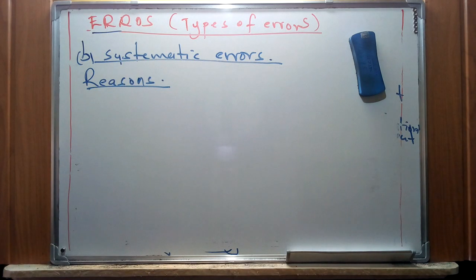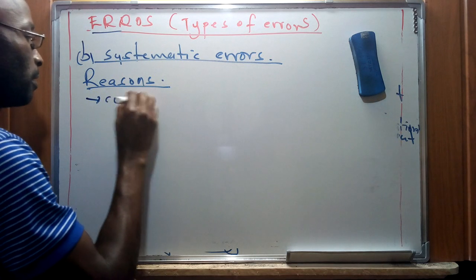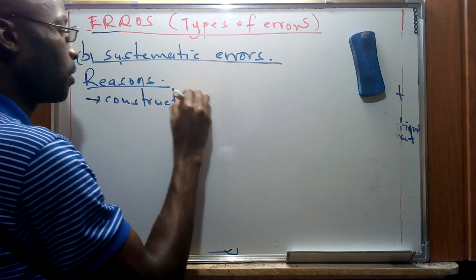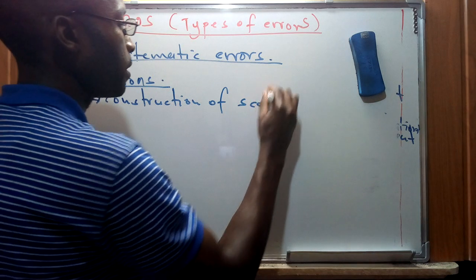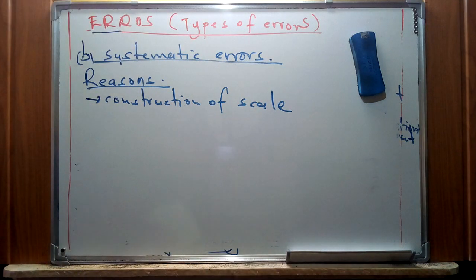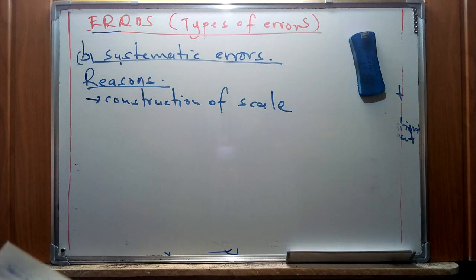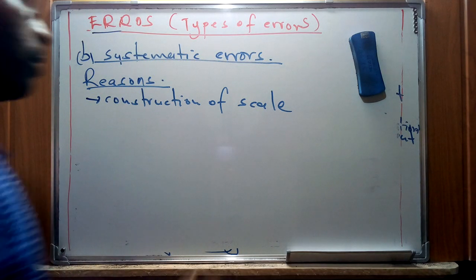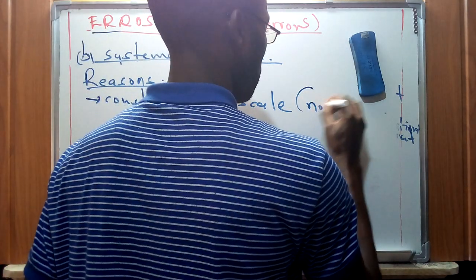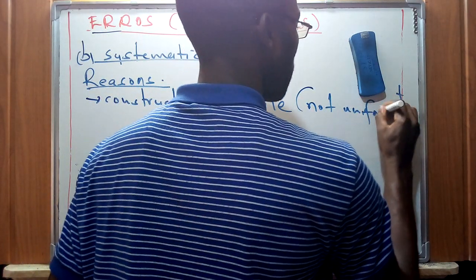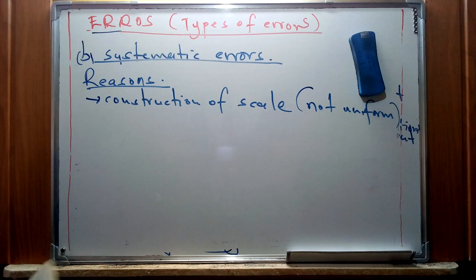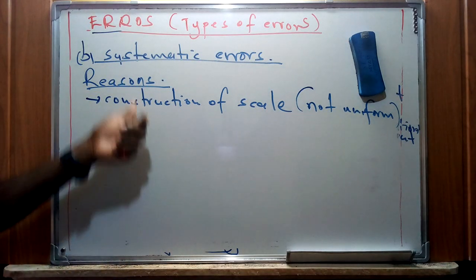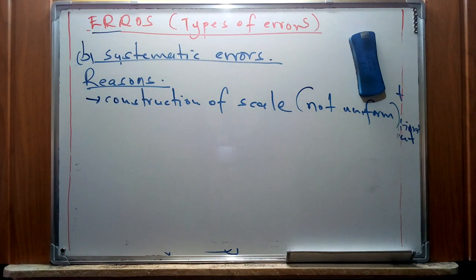So the first one is construction of the scale. Now, as we said, these are basically inherent errors of apparatus or the method used. Construction of the scale of this particular instrument or apparatus, whereby we find that it's not uniform, or sometimes maybe not clear, is going to result in systematic errors.